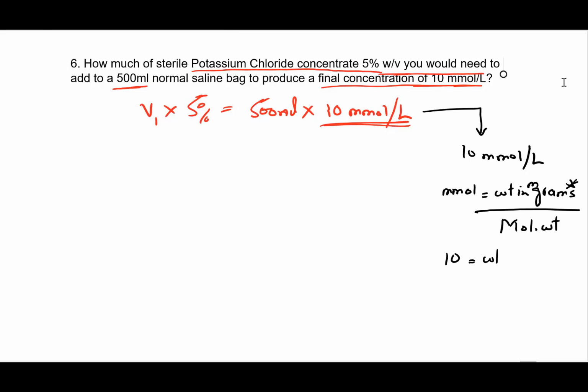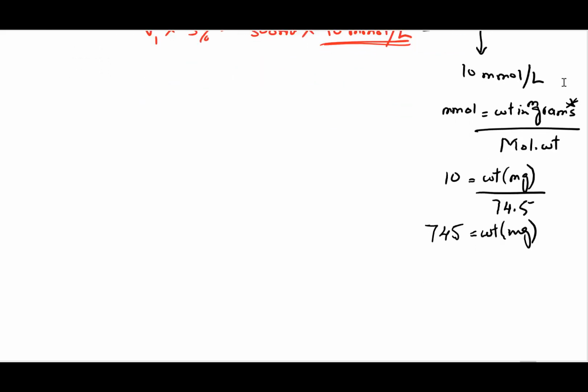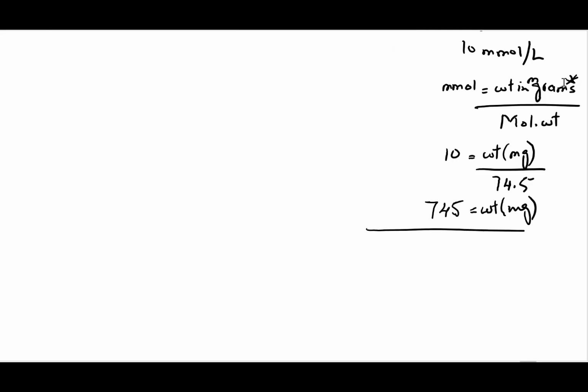Weight in milligrams I'm trying to find out, and the molecular weight of potassium chloride is 74.5. So that's 745 milligrams. Now from this I know that 745 milligrams is present in 1 liter, because it was a liter we started with.